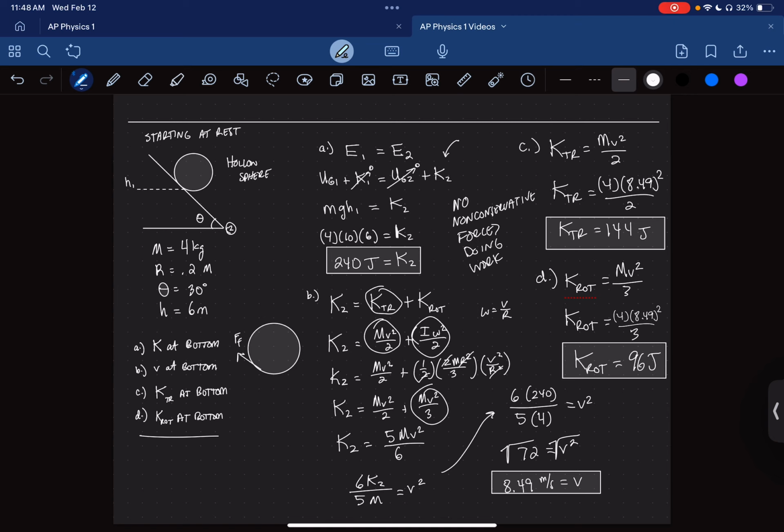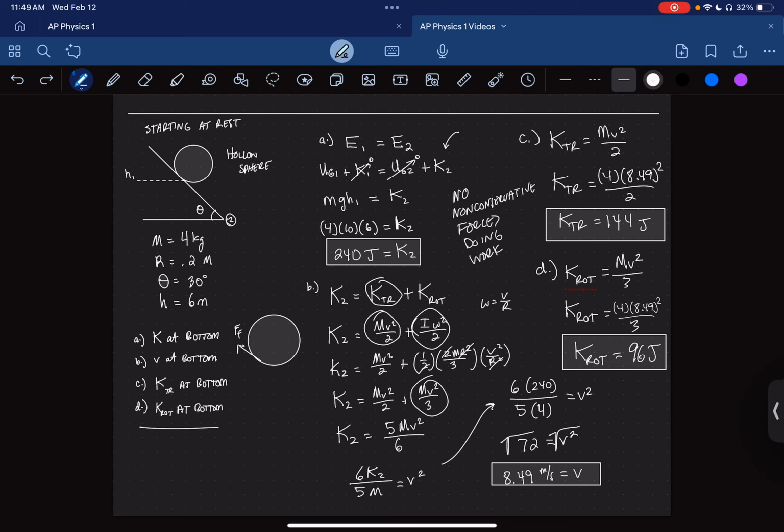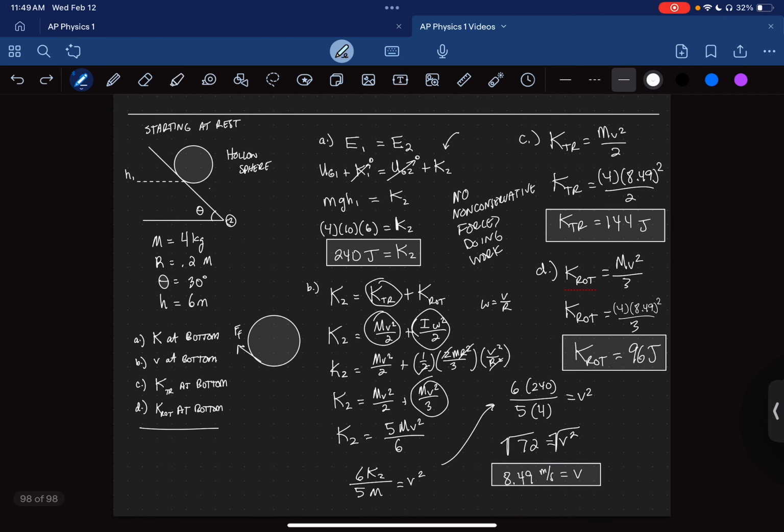It's doing work. But it turns out it's doing both negative work and positive work. It's doing negative work translationally here, because friction is pointed off in this direction. And if you remember our equation, work is equal to force times distance. And our distance would be some distance here. And those are in opposite directions. So that's negative work.